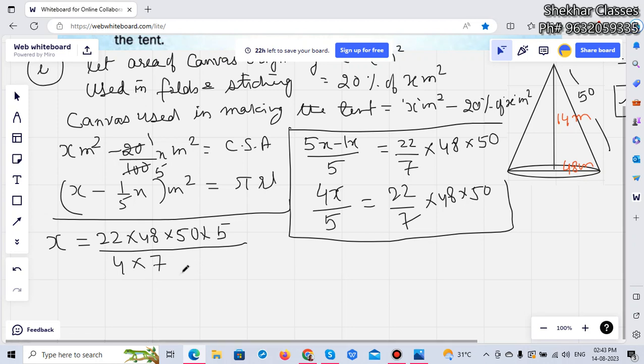Okay. Now this 4 has come down, 5 will go up, right? So can we cancel something? Yes, this will go by 11, this will 2, and this will make it 25. So x here is 11 into 48 into 25 into 5, the whole thing divided by 7.